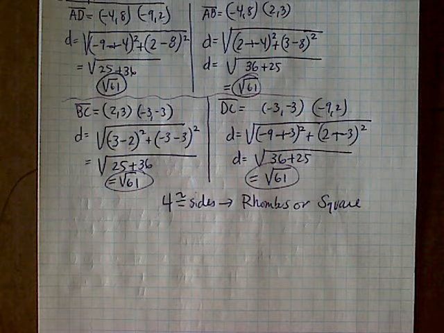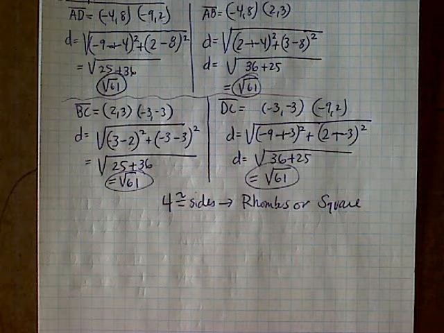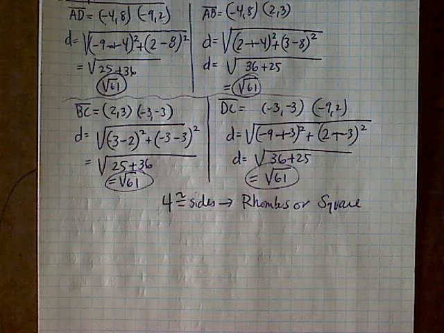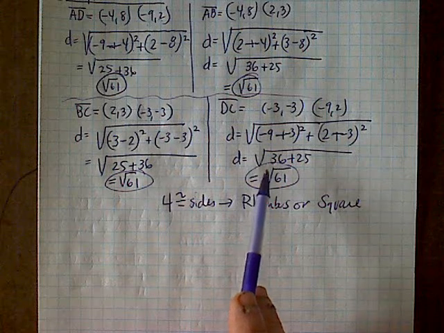The last thing that you could do here is you could find the length of the diagonals. If the diagonals are congruent, then it is definitely a square also, because a square has everything. It has four congruent sides, which we figured out. It has four right angles.